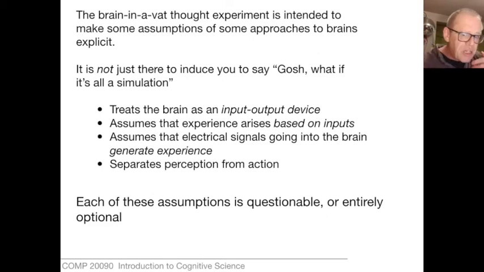So it's the assumptions I want you to pay attention to. These assumptions are necessary in order to make this thought experiment even comprehensible. And each of them is entirely optional. These are not views that are forced on us. So the point of this is not to say, wow, it could all be a simulation. The point of this is to say, what the hell are you thinking about brains if you're thinking that way?